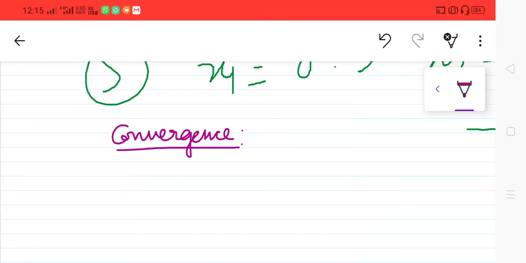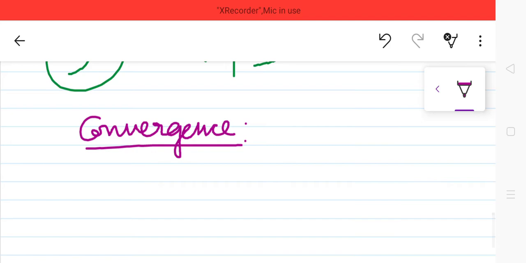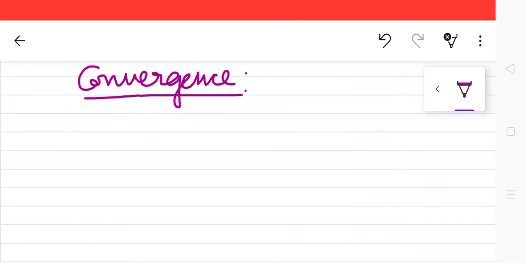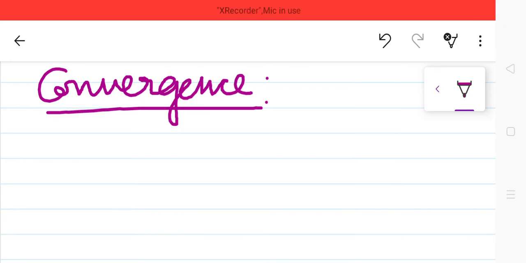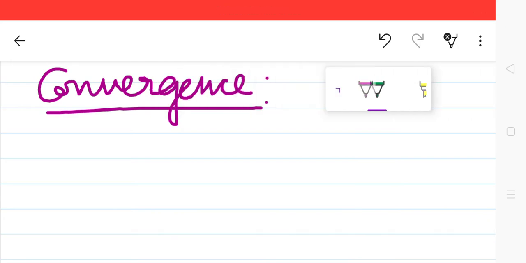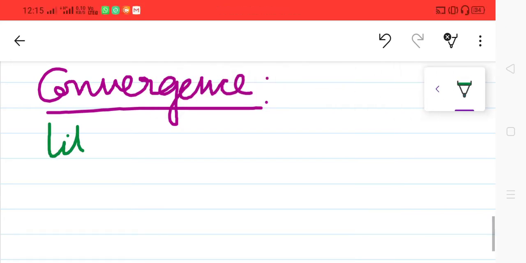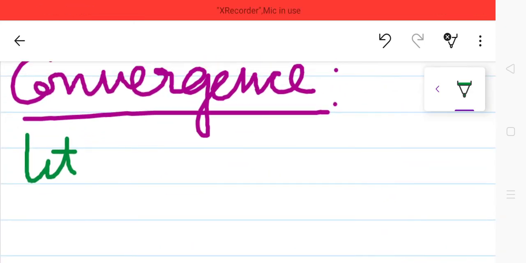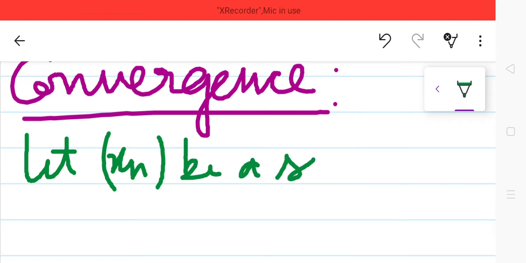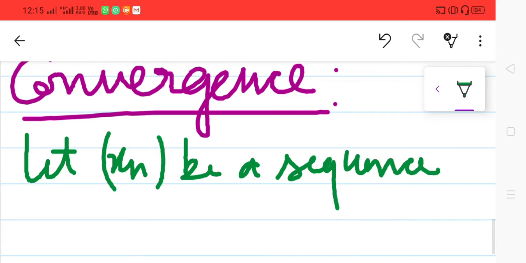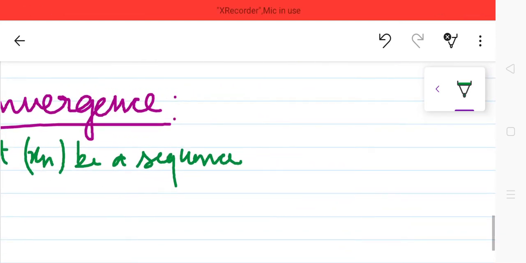Firstly, we want to see the definition of convergence. What does it mean? Let xn be a sequence. You know what a sequence is, I have mentioned earlier.